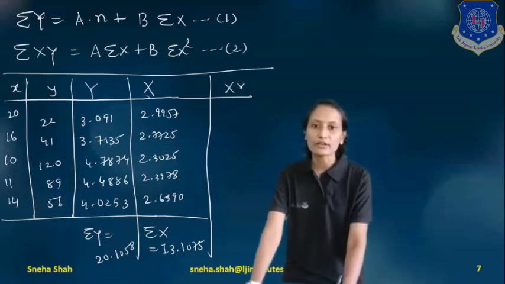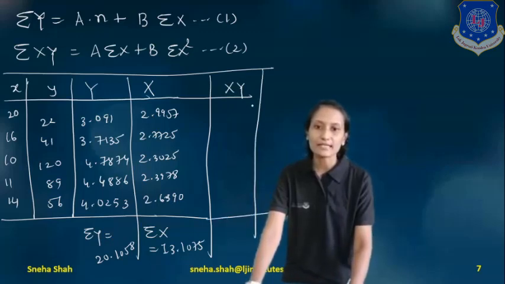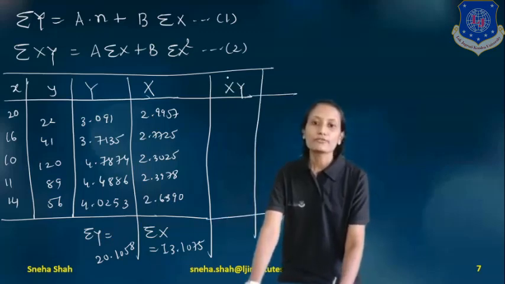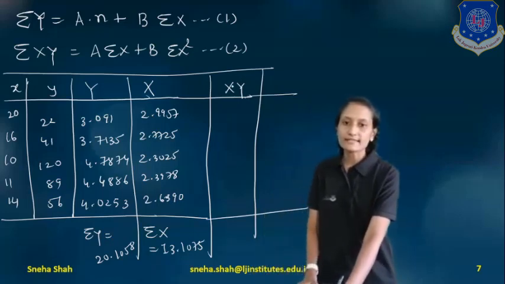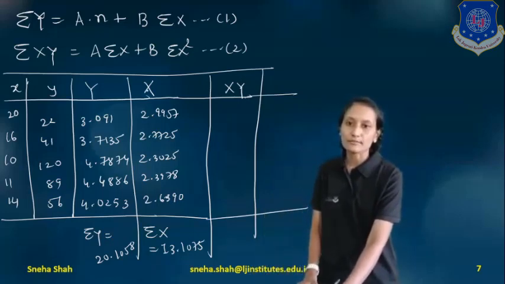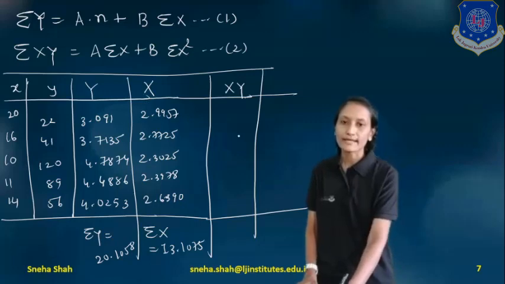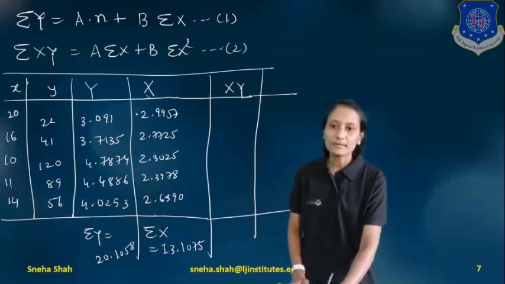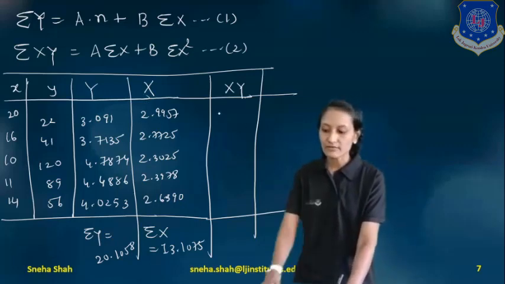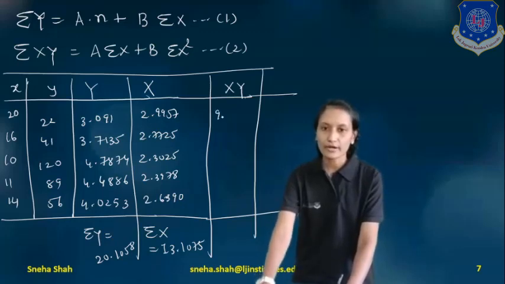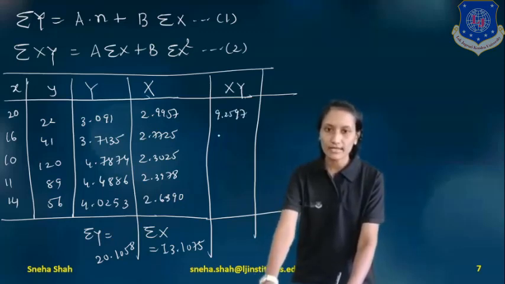For that, first of all I am finding the value of x, y, and then I will take the summation of it. So to find the value of summation x into y, we will multiply these two terms, capital X into capital Y. Right. After multiplying these two terms, the answer equals 9.2597.